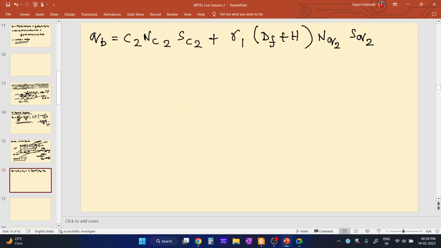So let me first write down the bearing capacity equation. This one is the bearing capacity equation.